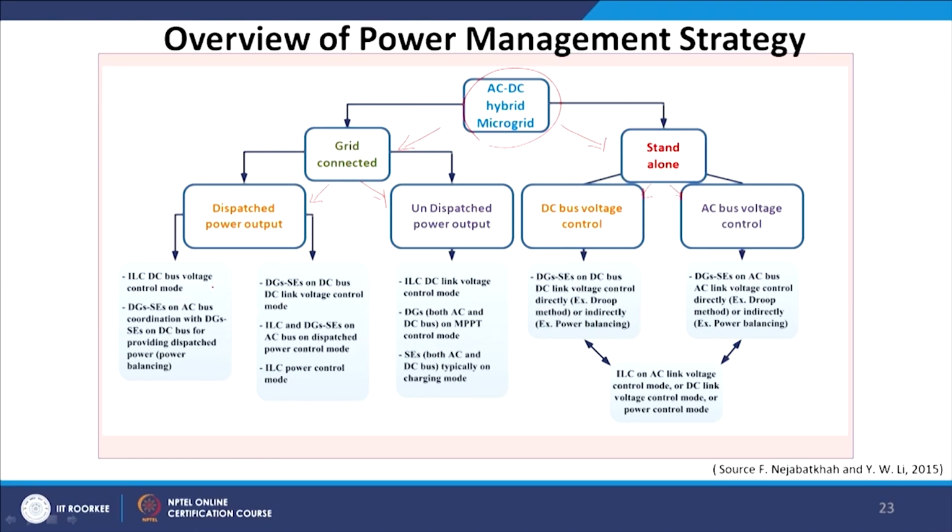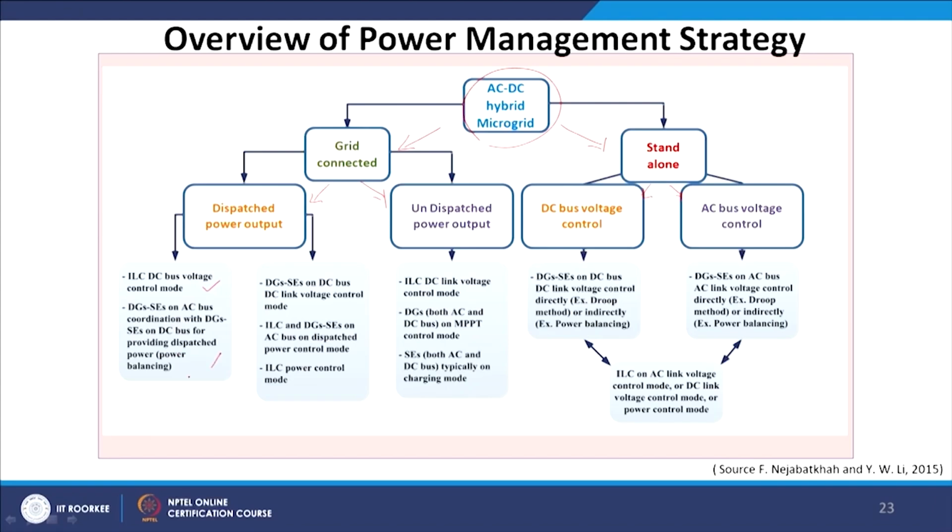We can clearly see in case of dispatched, either it could be ILC DC bus voltage control mode with distributed generators and storage elements on AC bus in coordination with distributed generators and storage elements on DC bus for providing dispatch power balancing.